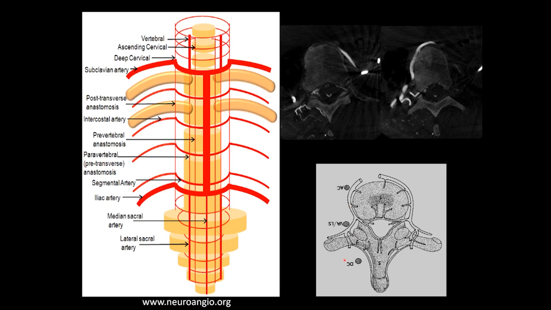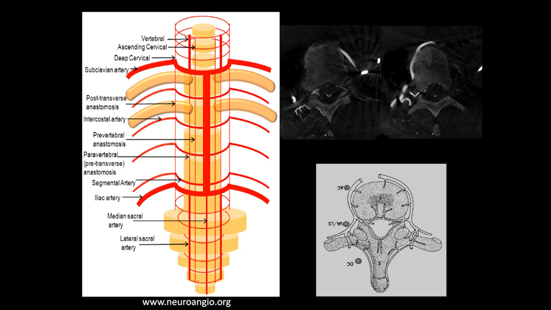This slide shows a very important concept, which is that the segments are fused, are connected. There are anastomoses that connect each segment, from top to bottom. In this scheme, here we have the cervical vertebrae, here we have the thoracic vertebrae, and then the lumbar and sacral vertebrae.